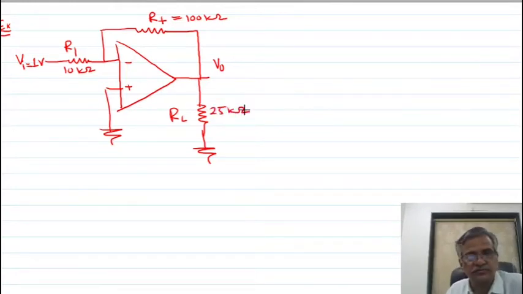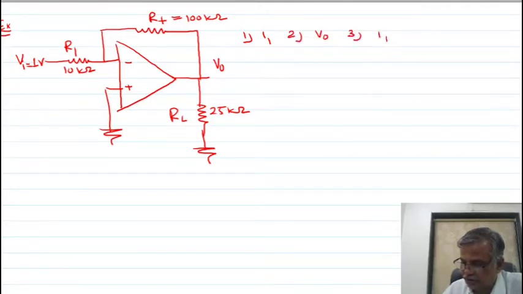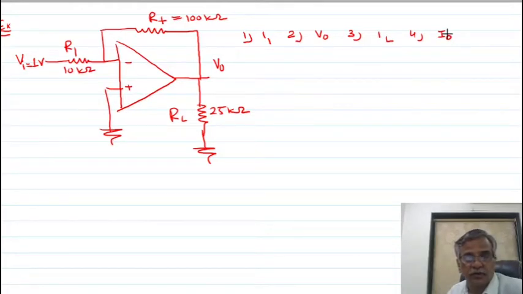Now the questions. Find input current I1. Second, output voltage. Third, load current IL. Fourth, total current going inside the output pin of the op amp. Look here at the question.